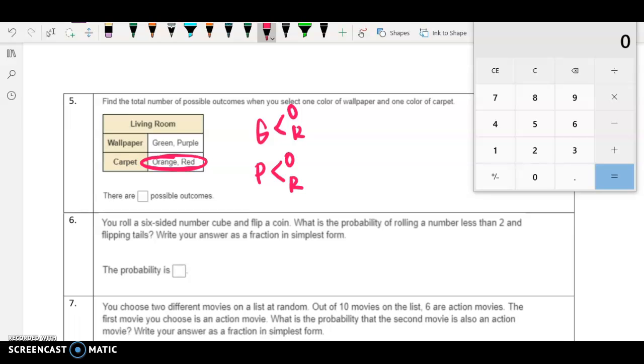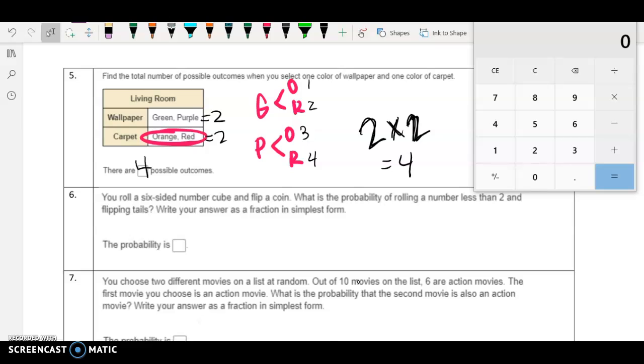I'm a little concerned about their taste, but you know, you do you. So that means that I have 1, 2, 3, 4 possible outcomes. You also could just do 2 options here and 2 options here. So 2 times 2 equals 4. Both of those are completely fine.